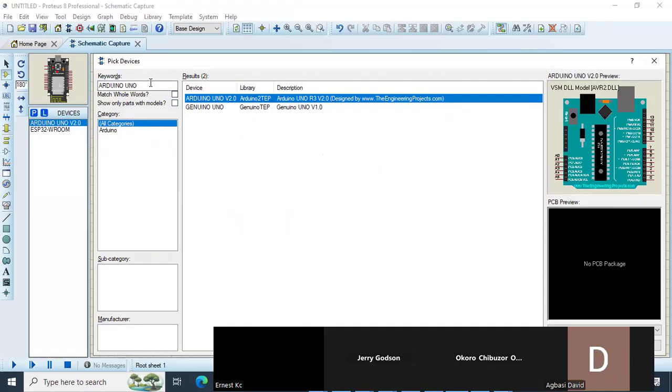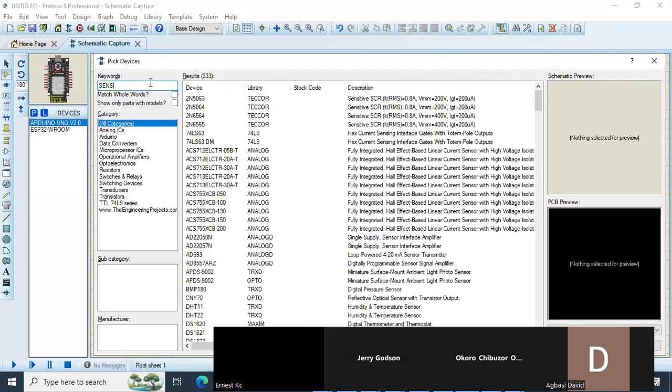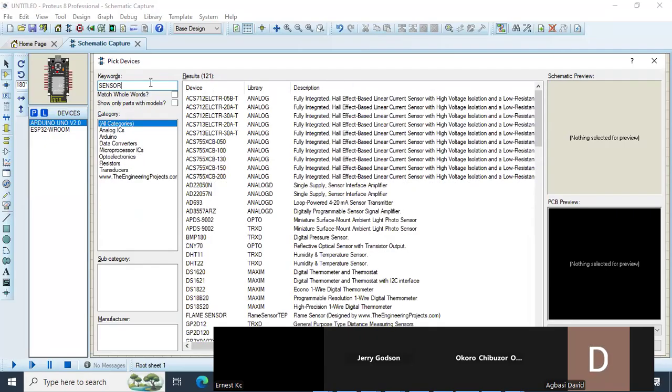So that's that. Let me see if there is any sensor that is available. You have to be specific. Which sensor do you know?